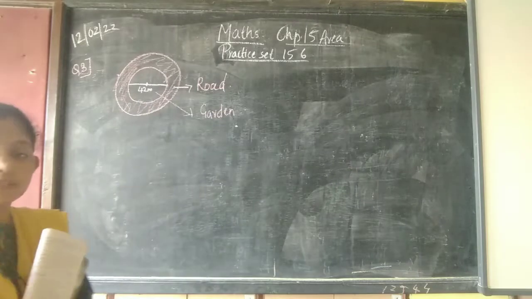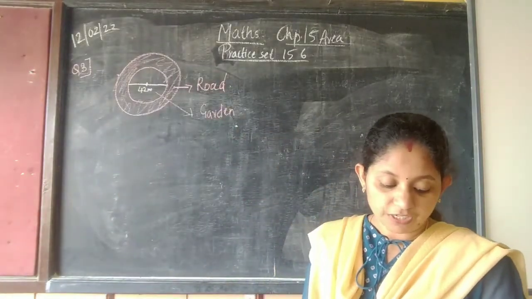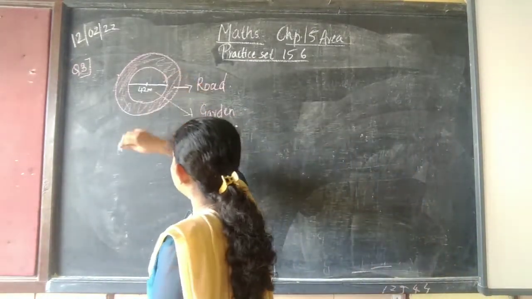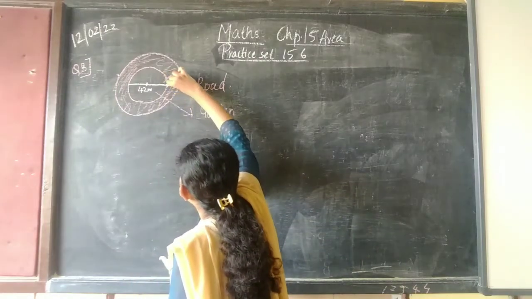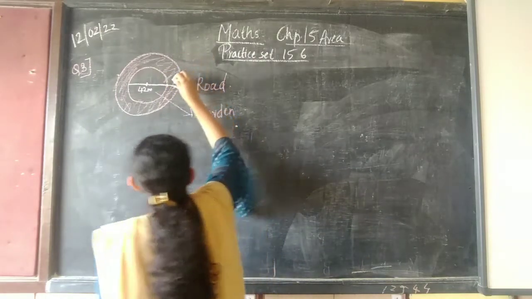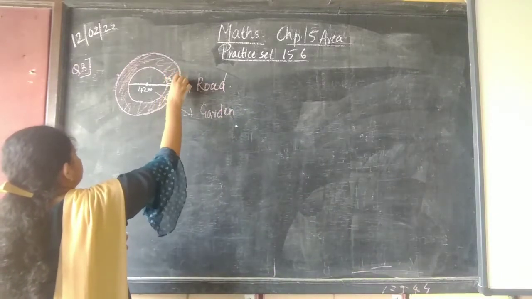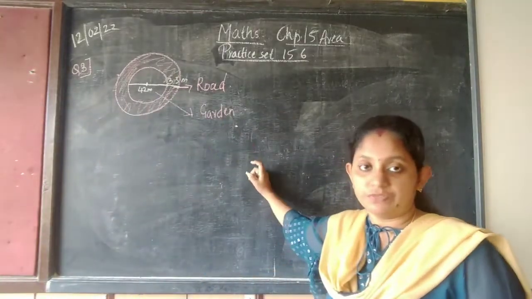Okay. This is given in the question. What else is given in the question? Width of the road. That means distance from here till here. From this point till this point, it is nothing but 3.5 meter. Clear? So this is what given here.